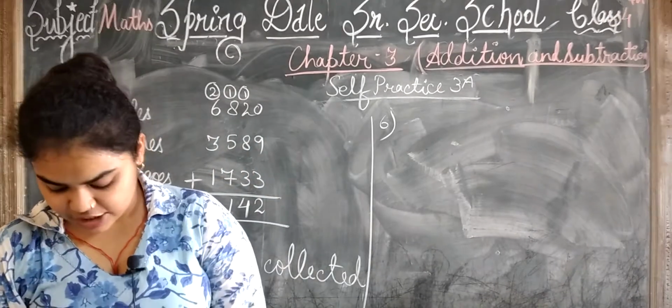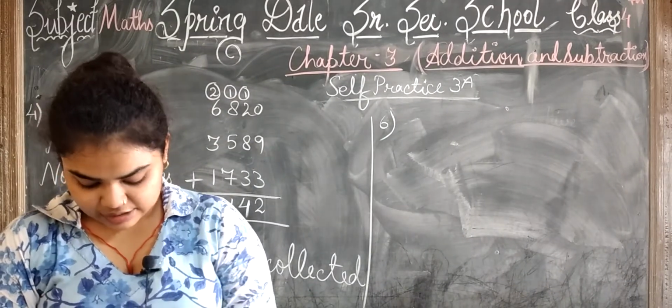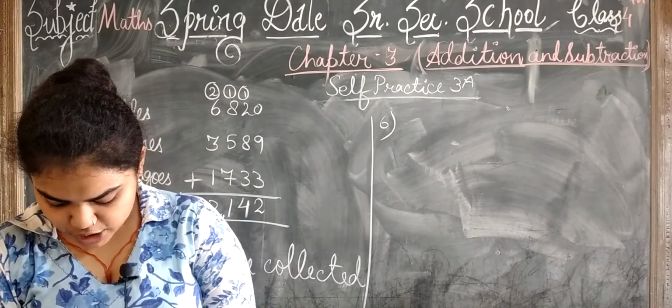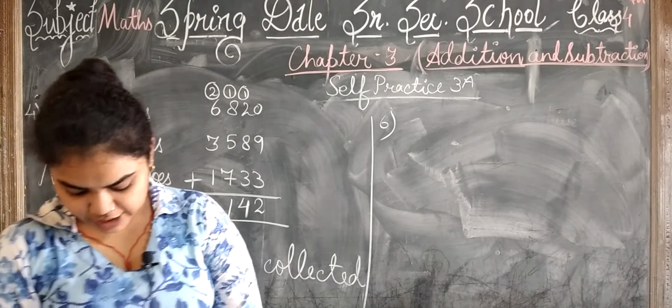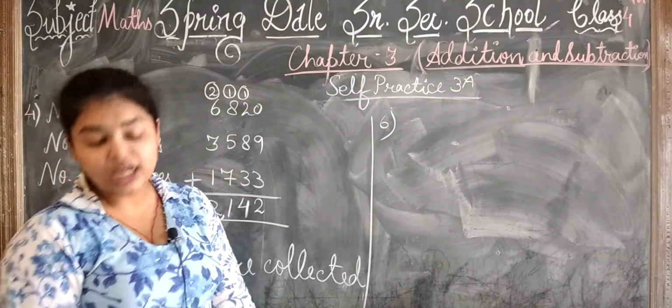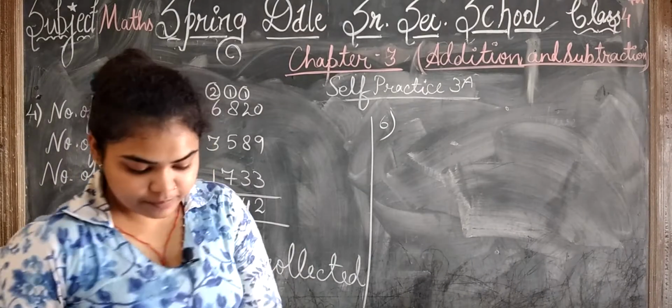Now they are asking you that in total how many pens they are manufacturing in a month. So what you are going to do, you are just going to add both the numbers because they are asking you the total amount of pens. Okay children?